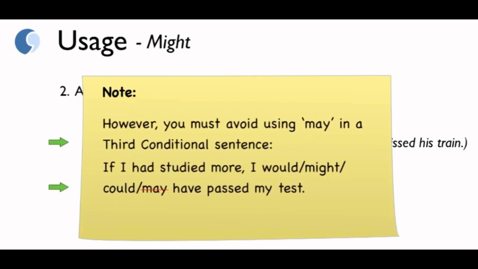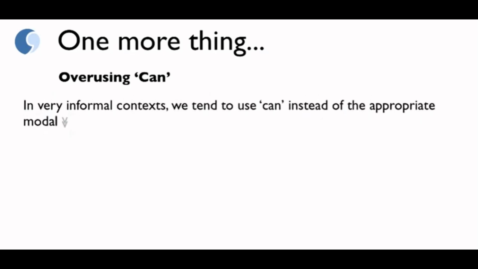However, you must avoid using may in third conditional sentences, or when talking about unreal conditions, meaning conditions which are unreal. So in this sentence, if I had studied more, I would have or might have or could have. Avoid using may.